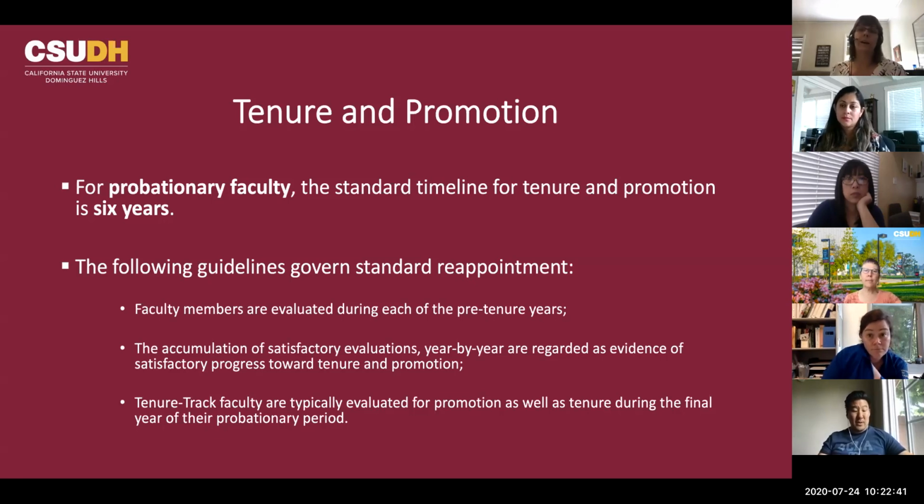This is where having a check-in every year with either an abbreviated review or a full review, I think really benefits the faculty. Because again, you know where you stand at all times, okay? And that gives you an opportunity if you need to pick it up a little bit or if you need to keep on the same pace, okay?